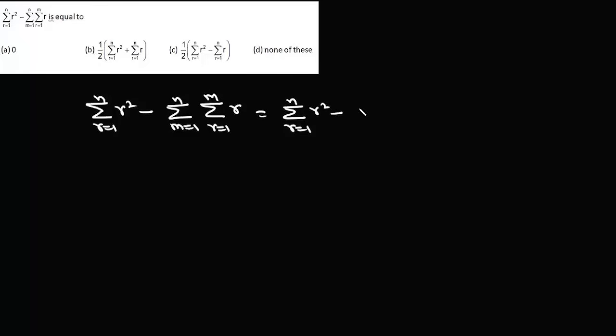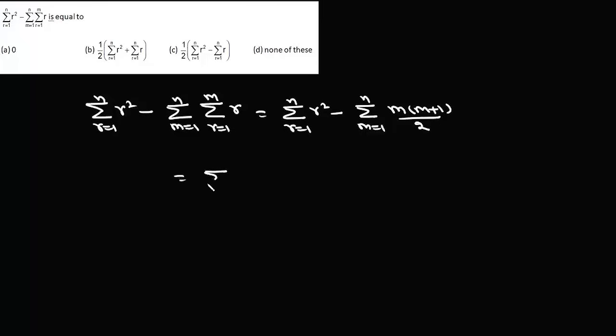Now the question is, we need to simplify this summation, which is r varies from 1 to n summation r square minus summation m varies from 1 to n summation r varies from 1 to m summation r. Now first we simplify the summation r. We can write summation r varies from 1 to n r square minus, and this is summation m varies from 1 to n, and this is m into m plus 1 by 2.